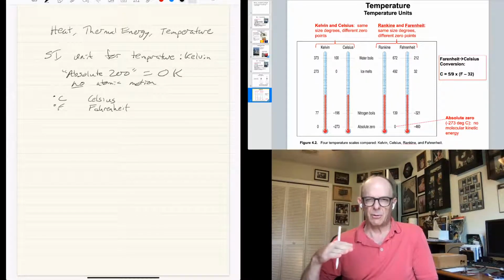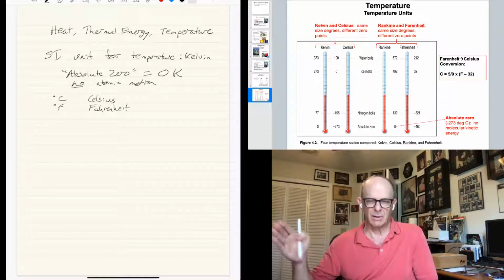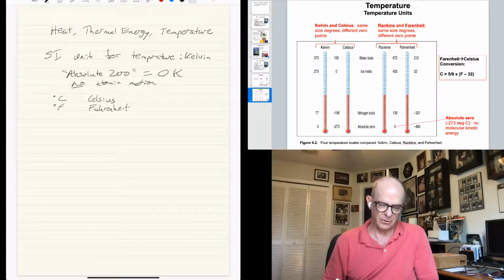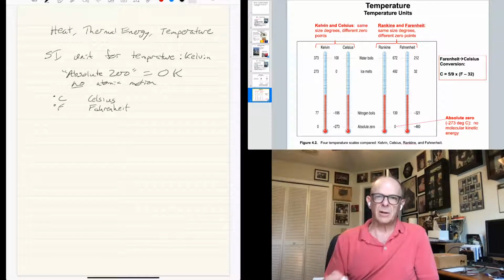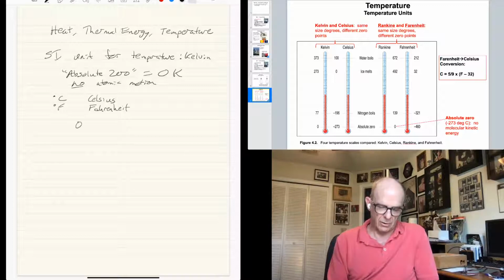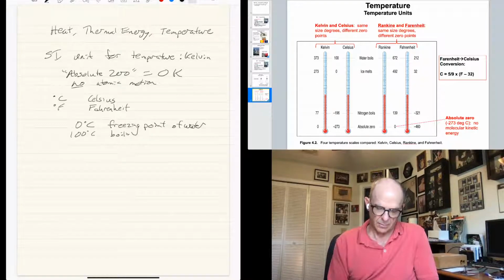And the 0 degrees Fahrenheit was meant to have something to do with the weather in Germany, where Fahrenheit came up with this. Celsius is at least based on something a little bit more physical. 0 degrees C is the freezing point of water, and 100 degrees C is the boiling point of water.